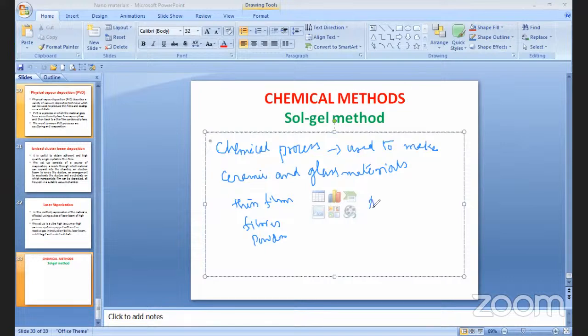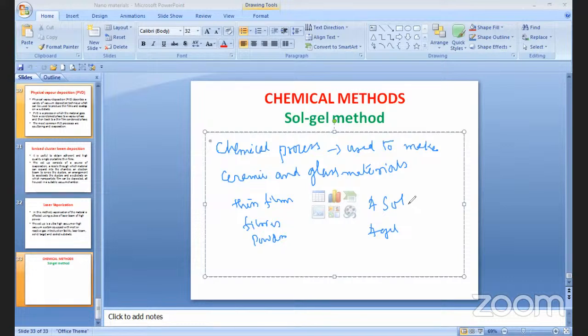Generally a sol is a colloidal or molecular suspension of solid particles of ions. And then a gel is a semi-rigid mass that forms when the solvent from the sol begins to evaporate, and the particles or ions left begin to join together in a continuous network.